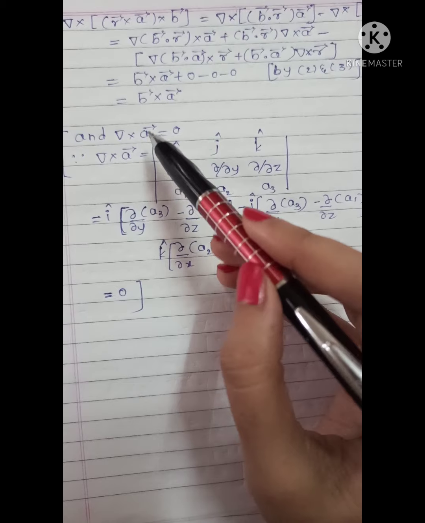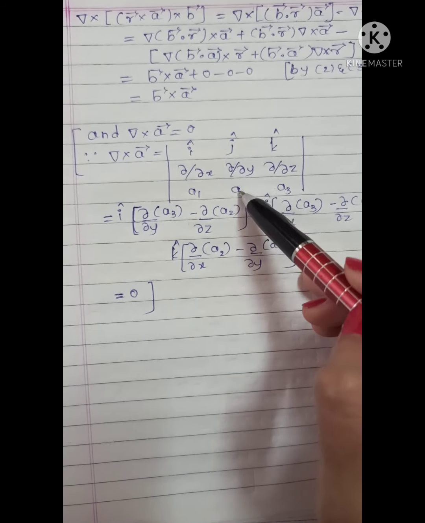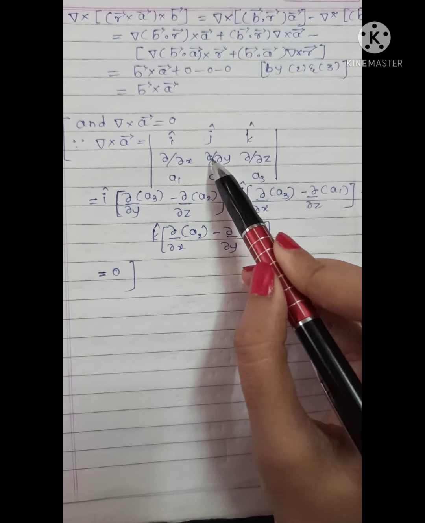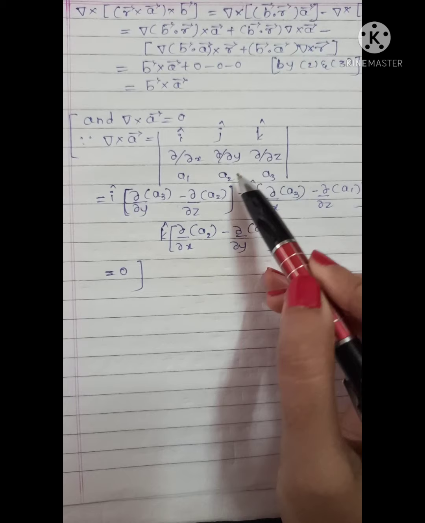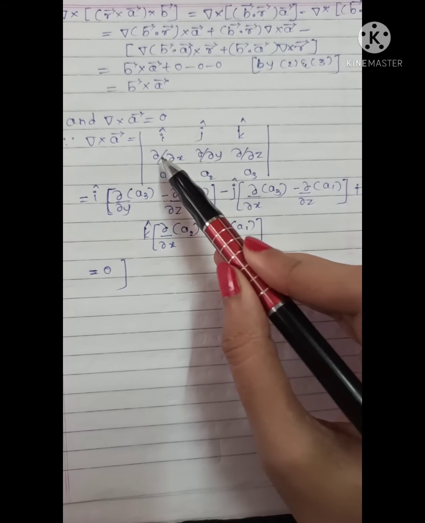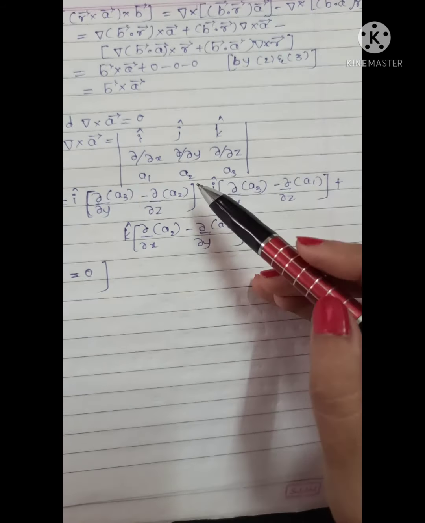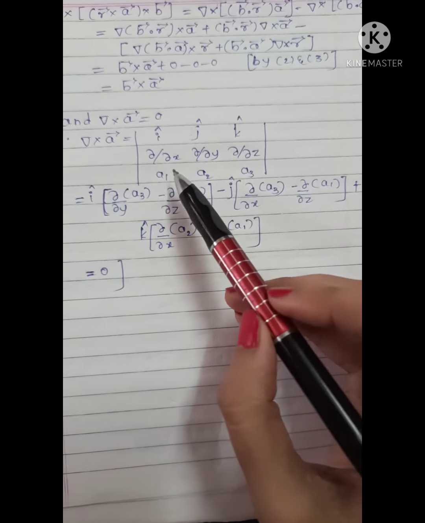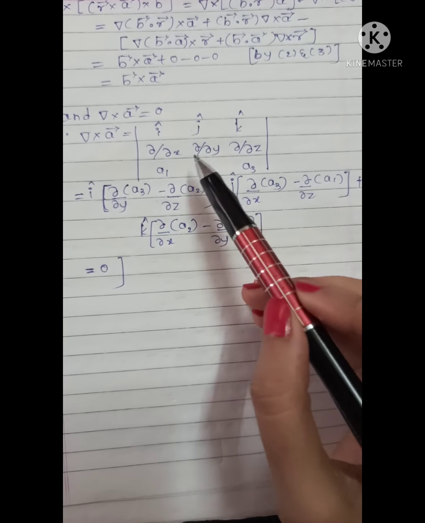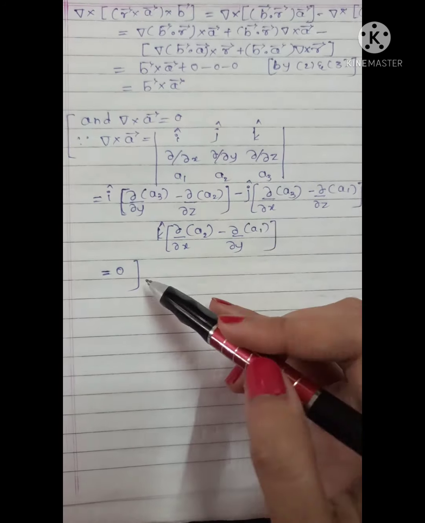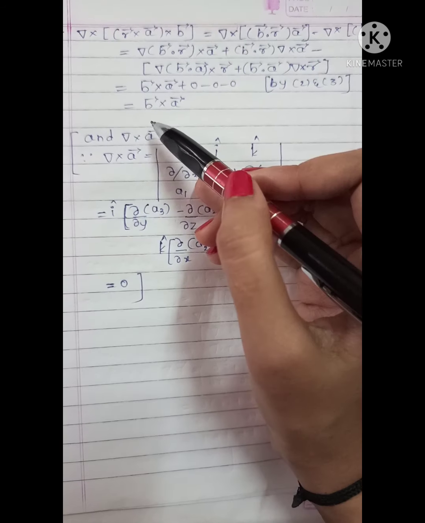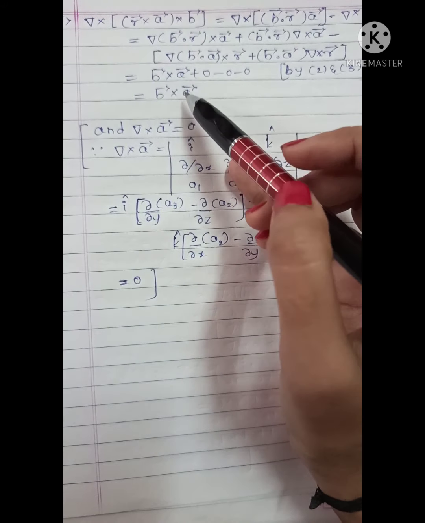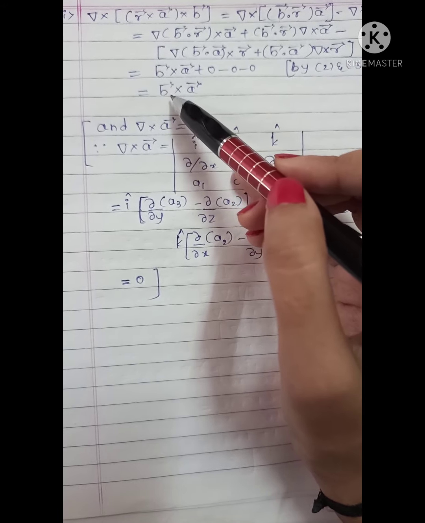Along the third row, consider the components of vector a, that is a1, a2 and a3, which is equal to i cap inside the bracket dou by dou y of a3 minus dou by dou z of a2, minus j cap dou by dou x of a3 minus dou by dou z of a1, plus k cap inside the bracket dou by dou x of a2 minus dou by dou y of a1. Its value is 0. Therefore, the curl of vector triple product of r, a and vector b, its value is cross product of vector b and a.